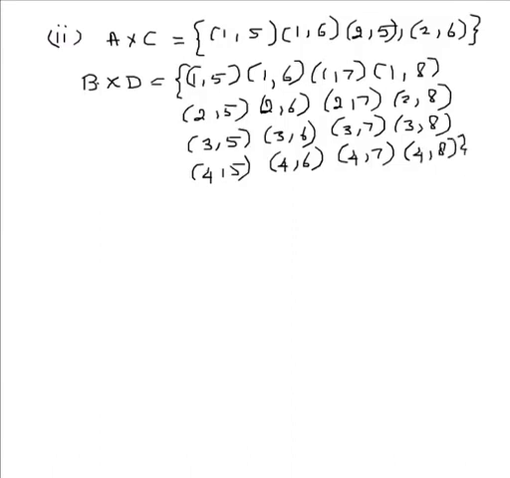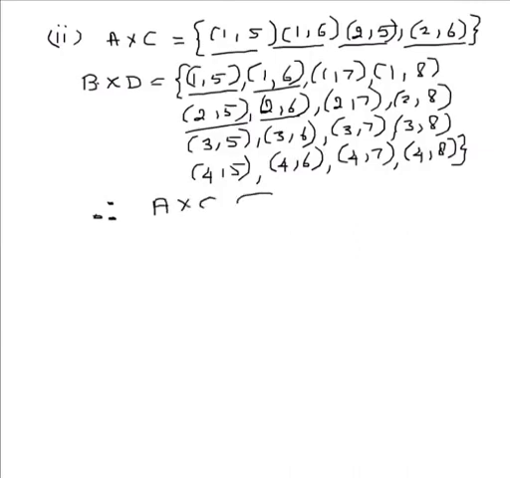We have written all 16 elements. Now check whether A cross C is a subset of B cross D or not. (1,5) is there, (1,6) is there, (2,5), (2,6). Yes, all elements of A cross C are there in B cross D. Therefore, A cross C is a subset of B cross D.